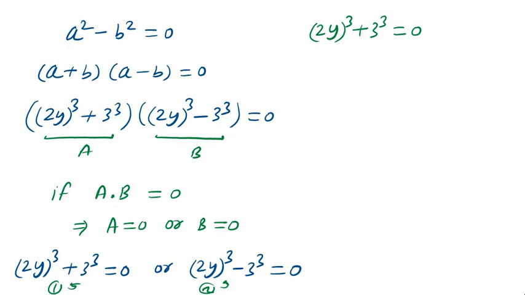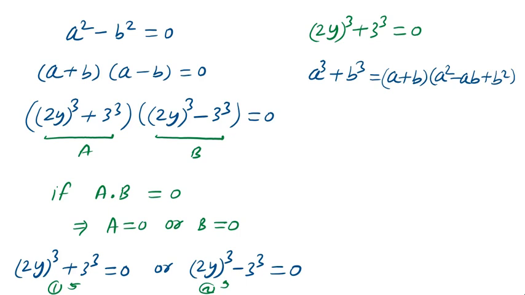Look carefully at the left hand side. This 2y is a and this 3 is b. Then on the left hand side we have a cube plus b cube, and the factor of a cube plus b cube is (a plus b) multiplied by (a square minus a times b plus b square).